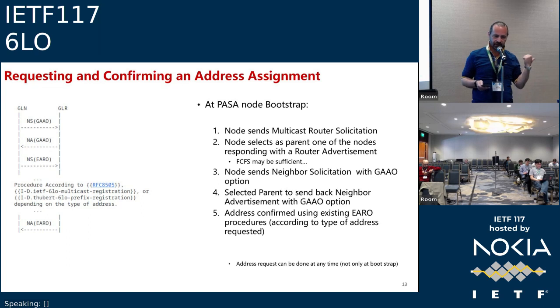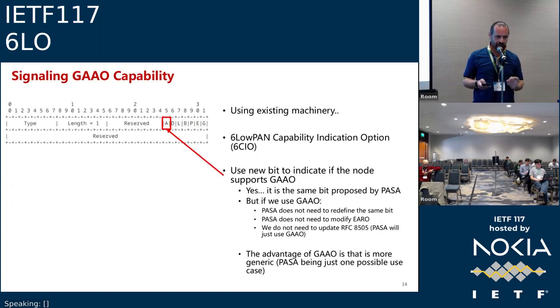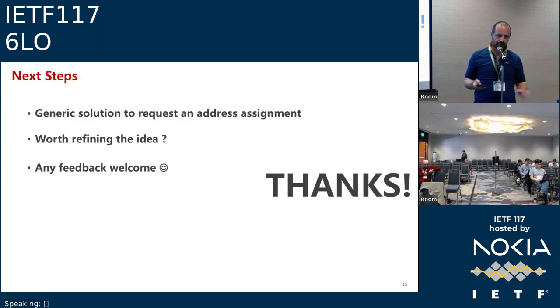Which is in line with the other specification about prefix and multicast registration. And you can still signal this capability in the capability indication option. If we go with this solution, PASA doesn't need this bit anymore, so we can use it in this document as a real generic solution. And that's it.